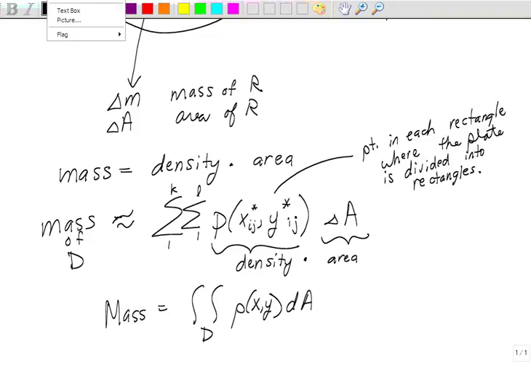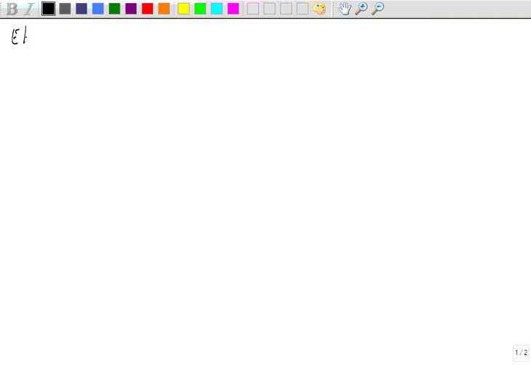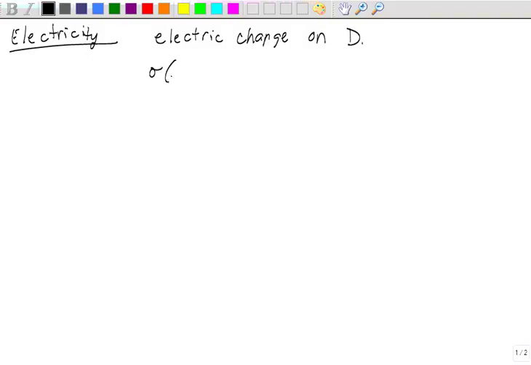Another one is electricity, where there's an electrical charge on the plate. And we're going to say sigma is the charge density.